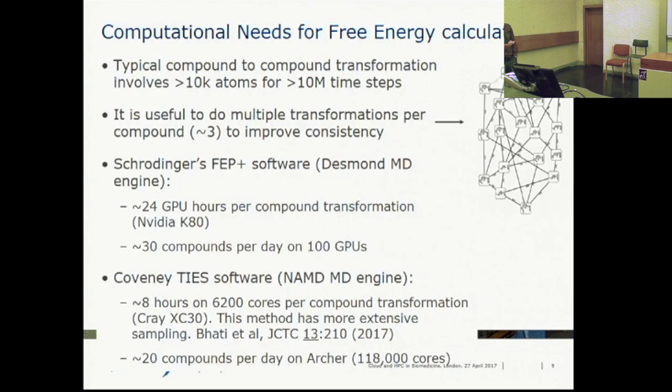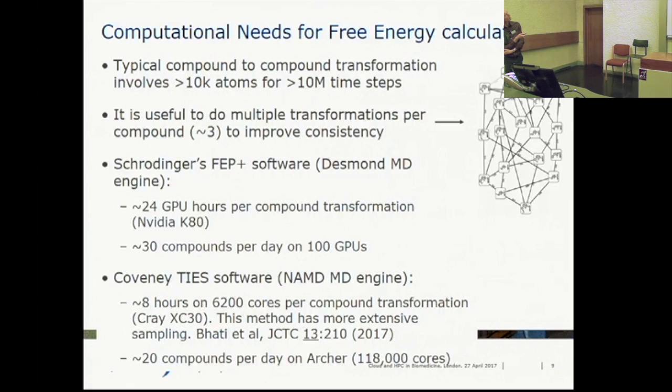In a typical transformation, the system involves more than 10,000 atoms, and you need to do more than 10 million time steps. And these are all atoms that are interacting via fairly complicated potential energy functions. So this gives you an idea why you need a lot of computation to get this.